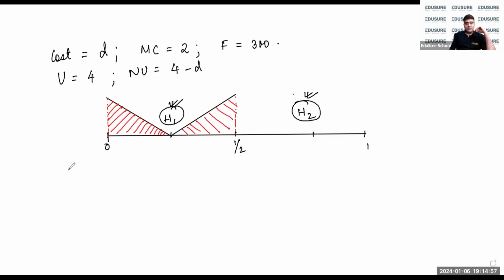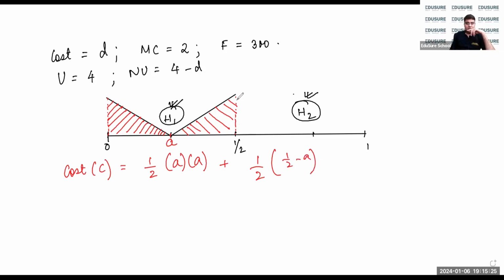So if I call this the cost, which is C, the area of this triangle is half into this, which I call, say, A. So A into A plus half into this, which is half minus A distance, and the person located at this point, that's half, will have to travel to A. So again, half minus A for the height.